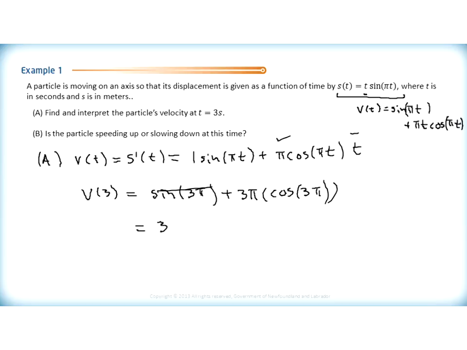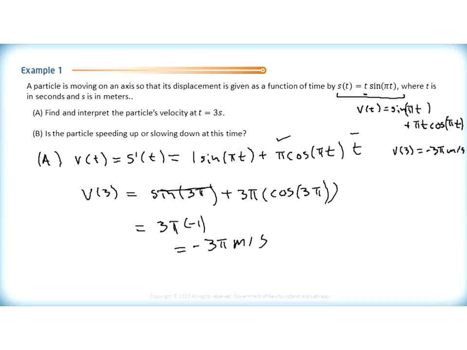And then we've got 3 pi times cosine of 3 pi, which is negative 1. So we're going to be moving at negative 3 pi meters per second. So v of 3 is negative 3 pi meters per second. You can calculate that with your calculator if you like, but we'll go with an exact value for now. That'll be about negative 10, but it doesn't really matter much.